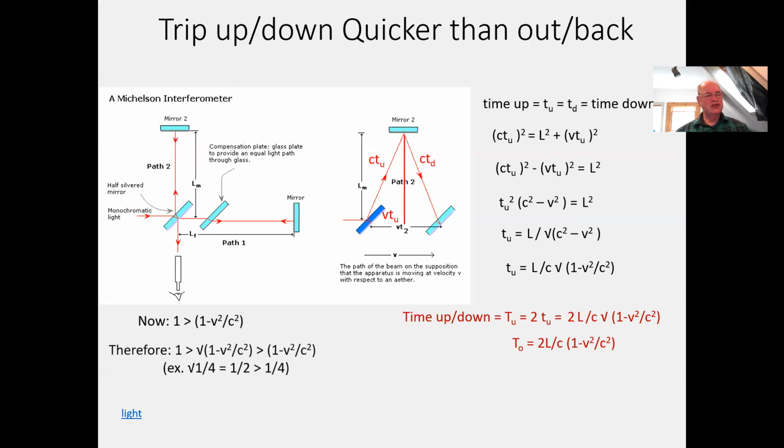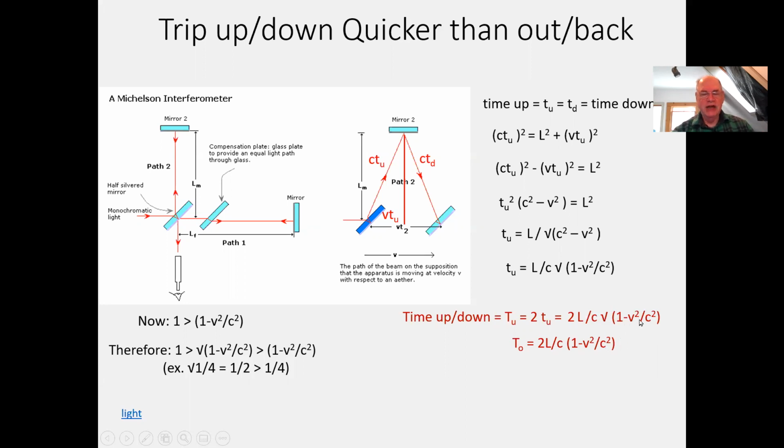What happens when you take the square root of a number less than 1? You get a bigger number. The square root of 9 is 3, but the square root of a quarter is a half. When you take the square root of a number less than 1, you get a bigger number. So in fact, this number in the denominator is bigger than this number here.